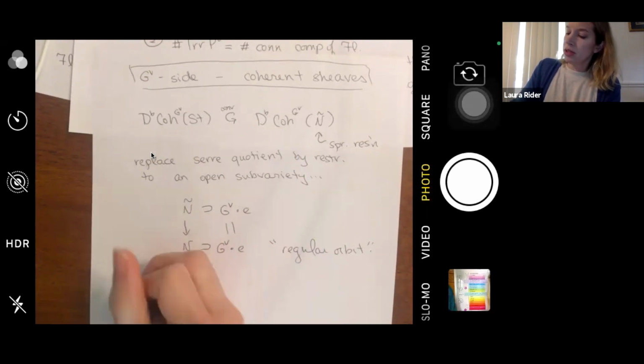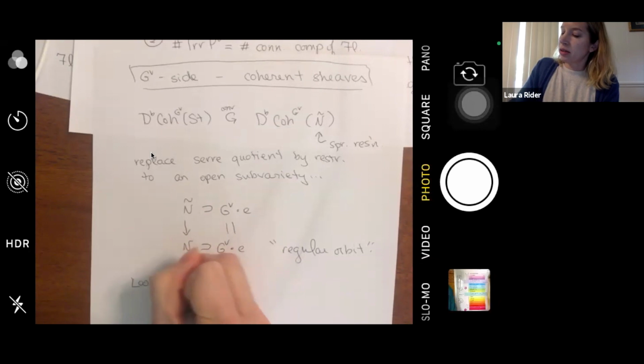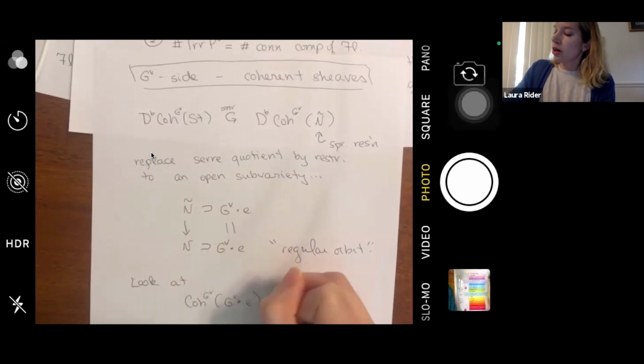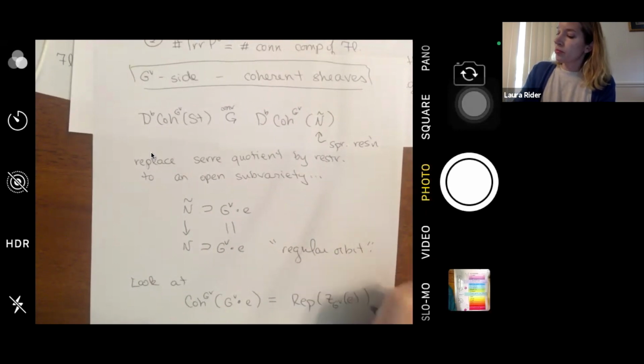So we look at coherent sheaves that are G-check equivariant on the regular orbit, or representations of the centralizer of a regular nilpotent.